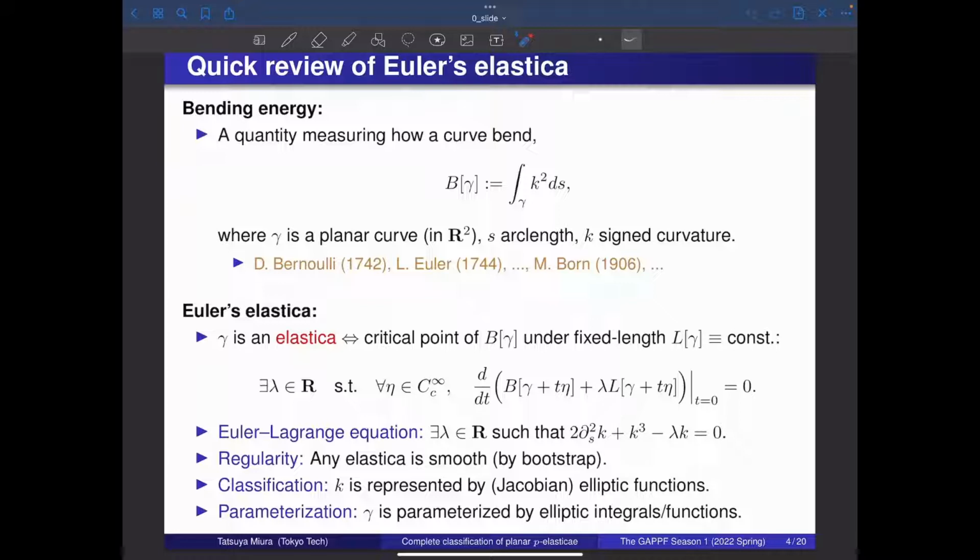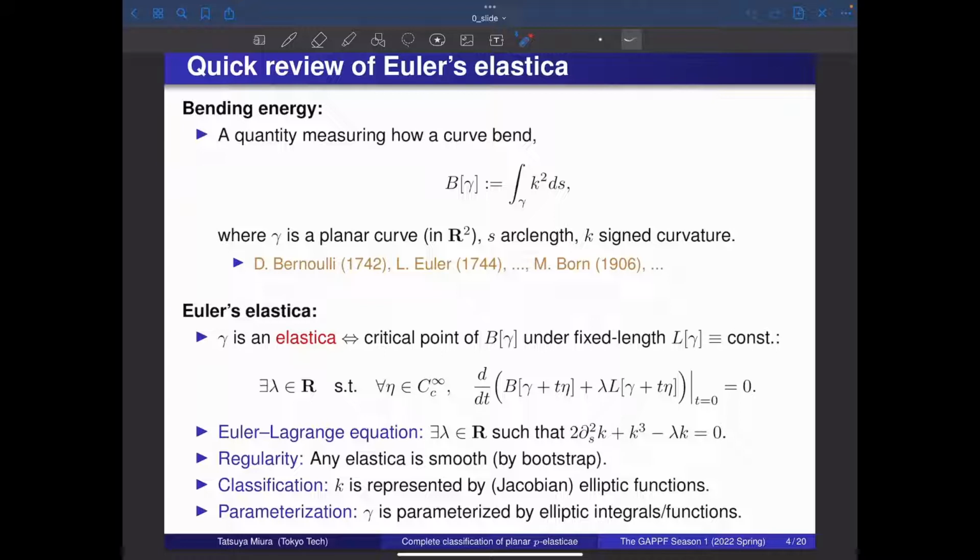More precisely, it is defined by the line integral for a planar curve gamma, and the integrand is the squared curvature. In this talk, we only consider planar curves, so gamma always denotes a planar curve in the Euclidean plane. And s denotes the arc length as usual, and k denotes the signed curvature function, so it is a scalar function.